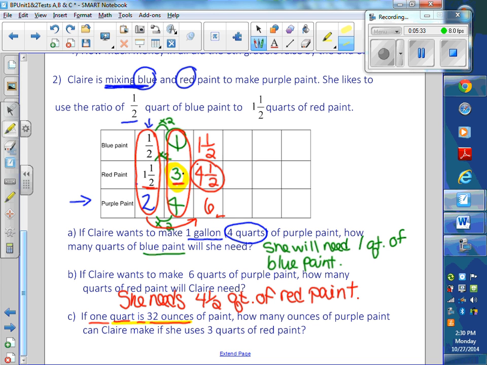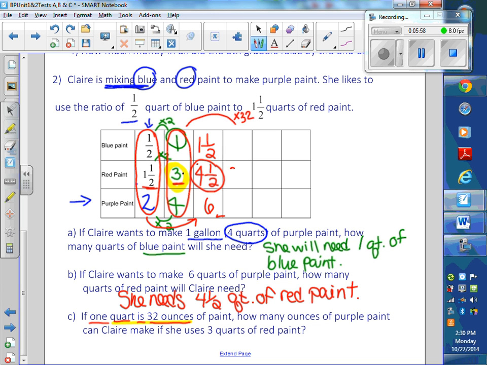Times by 32. Perfect. Okay, so in this problem, for 3 quarts of red paint, how do I figure out how many ounces of purple paint? It's 96 ounces. Red paint, because you're going to have to take this whole column and multiply by 32, right?